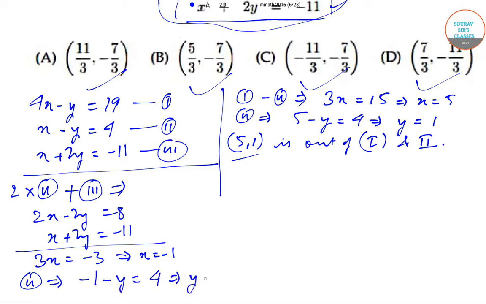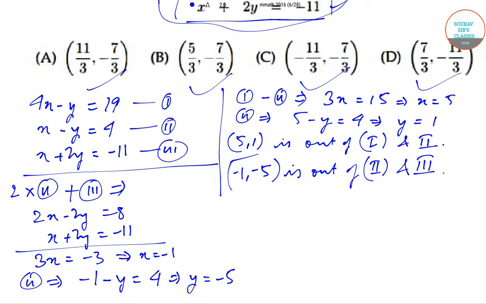This implies that y is equal to minus 5. So (minus 1, minus 5) is the point of intersection of side 2 and side 3.